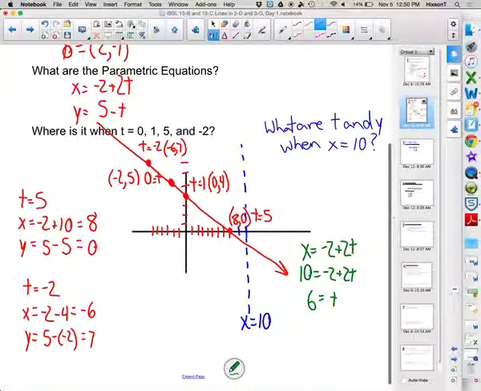So now we can figure out, alright, well, where exactly are we at that point in time? And we would do that by then plugging 6 in for y. So y is 5 minus t, so y is 5 minus 6, which is -1. So I know now this point must be the point (10, -1), and it happened when t equaled 6.